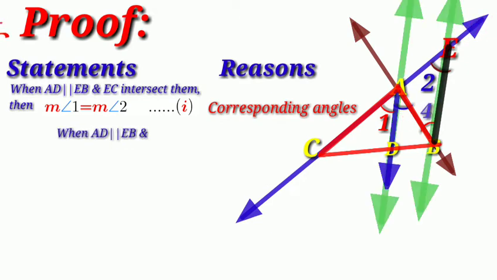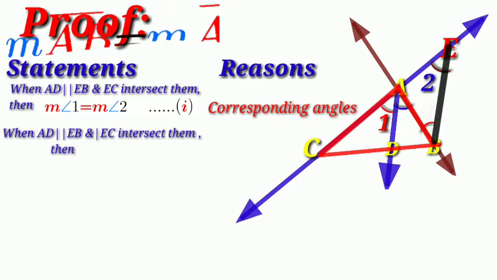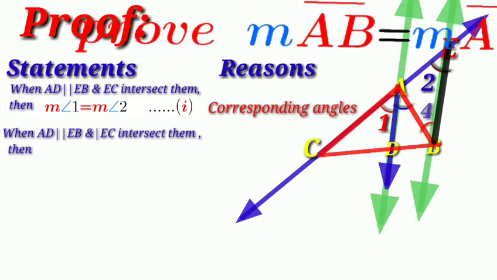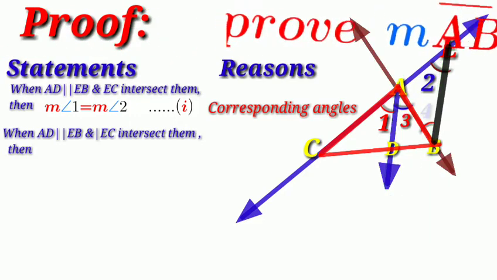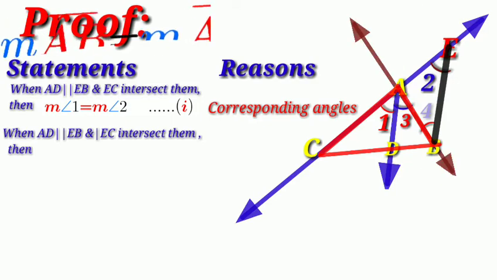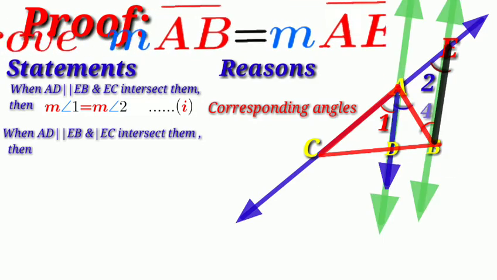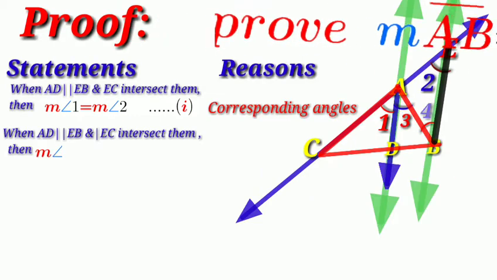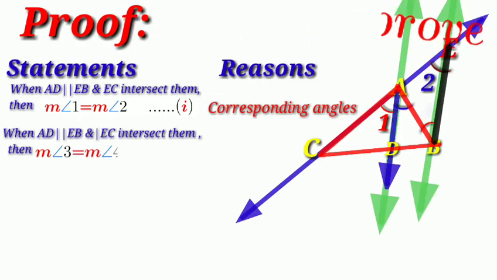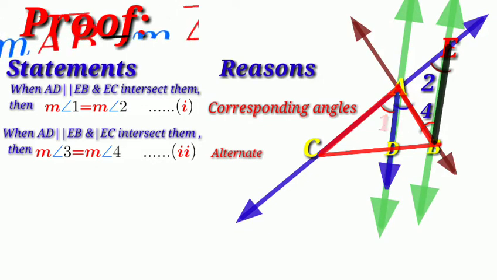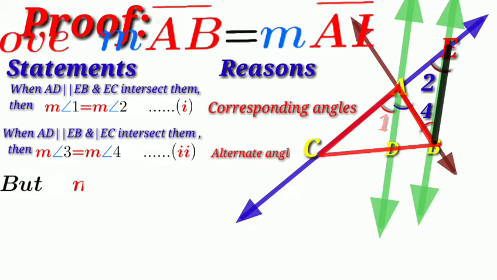Again, in this triangle, when side AB intersects the two parallel sides AD and EB, then angle 3 and angle 4 are produced, which are also equal, meaning angle 3 is equal to angle 4, called alternate angles. So angle 3 is equal to angle 4, which is equation 2.